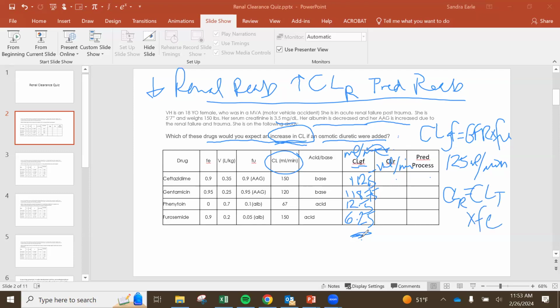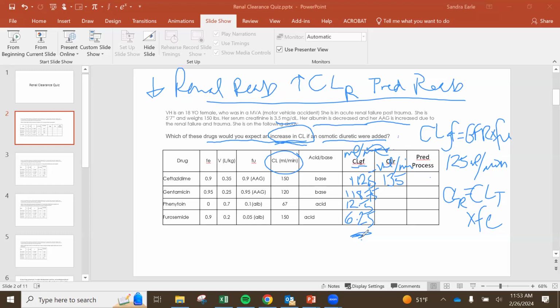So what percentage shows up in the urine? So again, our clearance luckily is in mils per minute, so we can go with that. So we've got total body clearance is 150 for ceftazidime. So it's 150 times 0.9. It's very highly cleared, most all by the kidneys. So 135 mils per minute.